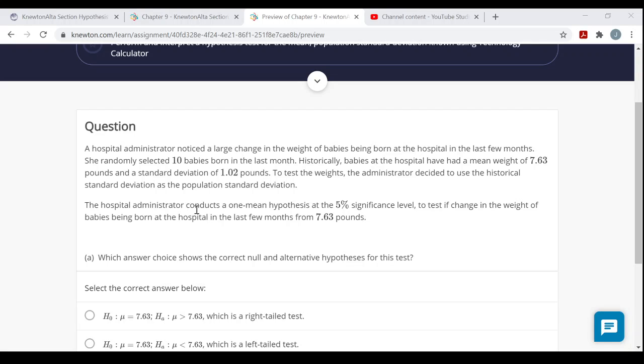The hospital administrator conducts a one mean hypothesis test at the 5% significance level, that's the value of alpha, to test if the change in weight of babies being born at the hospital in the last few months is different from 7.63 pounds.